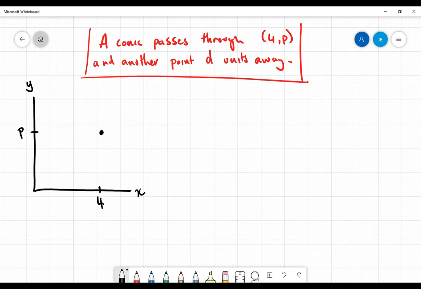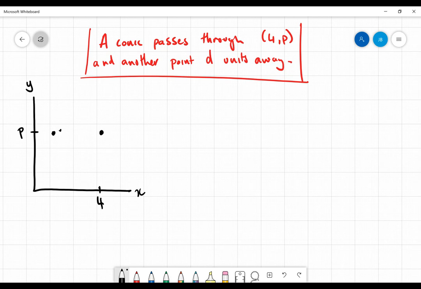Now, there's another point here, D units away. Now, that could be in any direction, left, right, up or down, or even on the diagonal. I'm going to go to the left here, but you could go anywhere. And as I said, D could be any positive distance, because it is a distance, so it could be a really big value or a really small value, and it looks like it's about 3, but of course it could be anything.